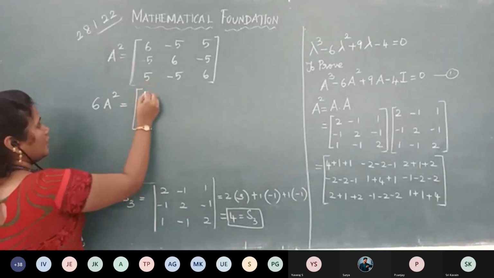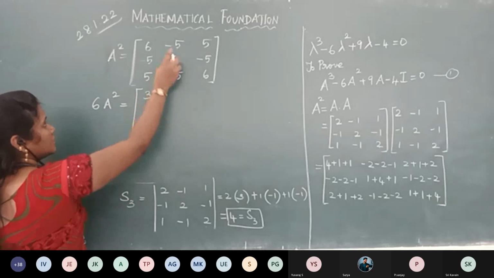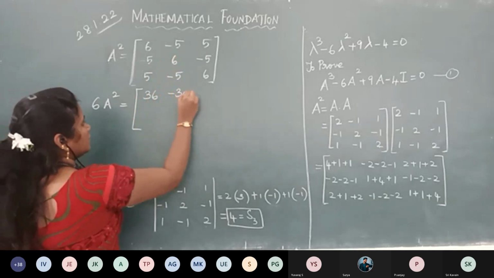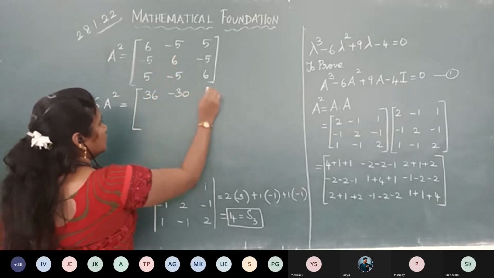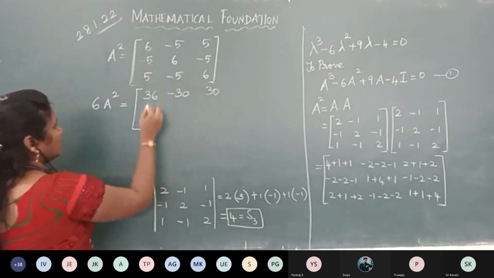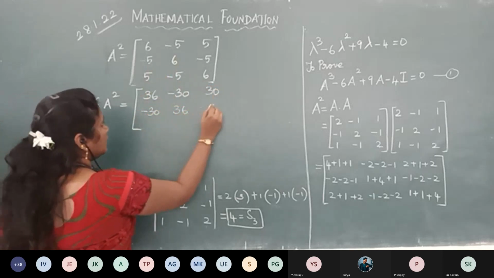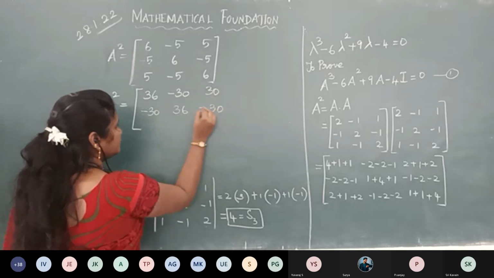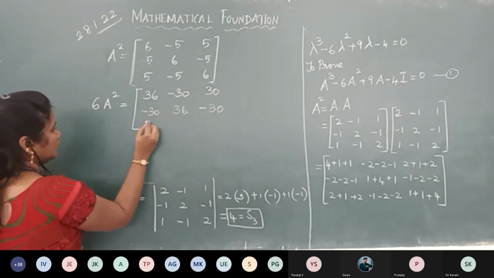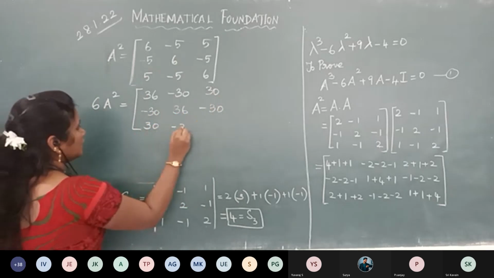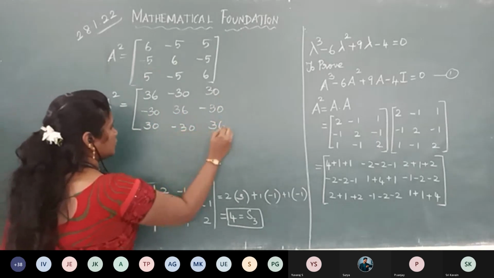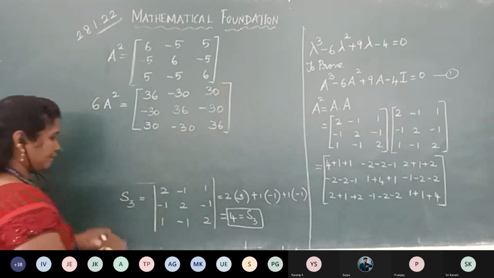So your 6A square will become 36, 6 into 5 will become minus 30, 36 minus 30, 30 minus 30 and 36. So this is your 6A square.